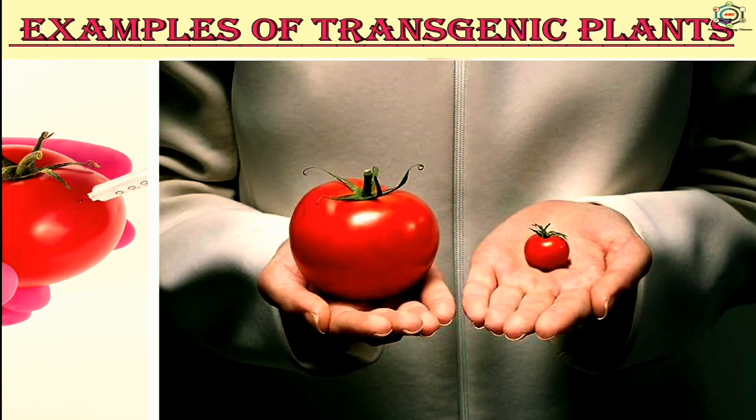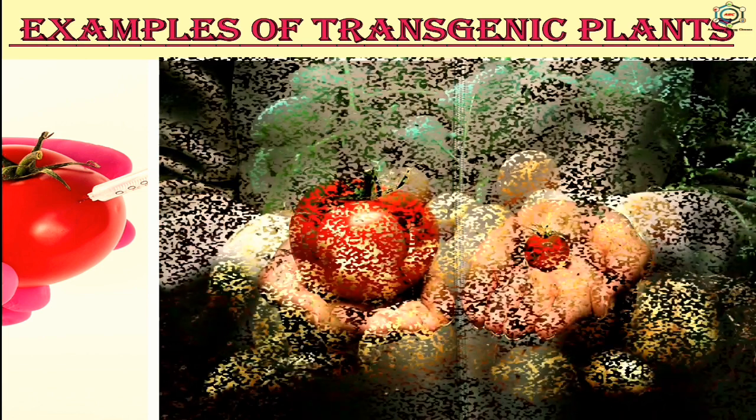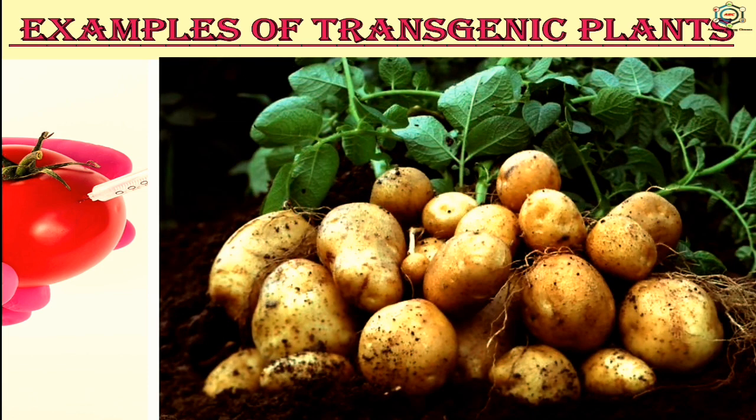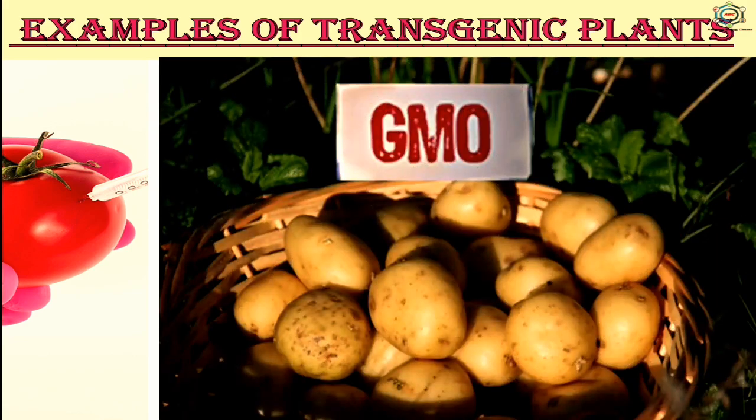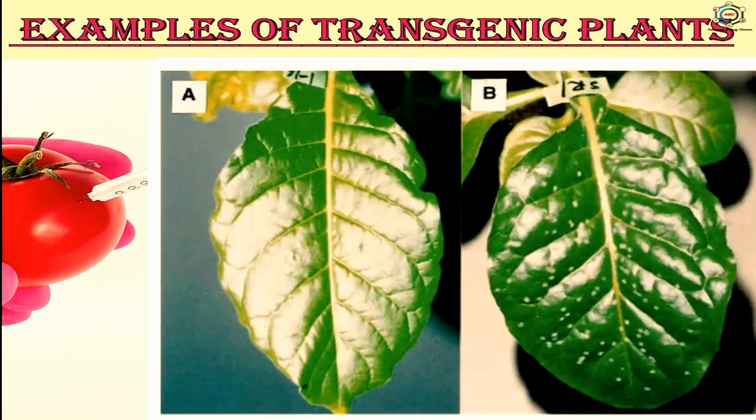This results in the inhibition of ethylene production so that ripening of tomato is delayed, preventing rotting and spoilage. After this, potato. Starch content has been increased by 20 to 40% by using a bacterial ADP glucose pyrophosphorylase gene. Now, here you can see the picture of the GMO genetically modified potatoes.